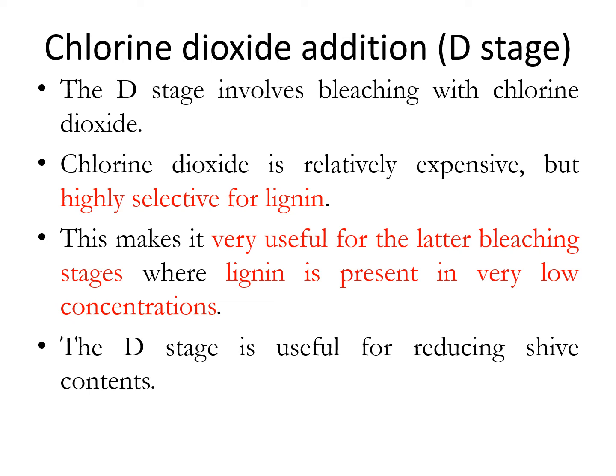There are other advantages of this chlorine dioxide addition too. First, it gives a very bright pulp with minimum cellulose degradation. Next, the advantage of bleaching with chlorine dioxide is that dirt and specks are decolorized more easily than with hypochlorite bleaching.